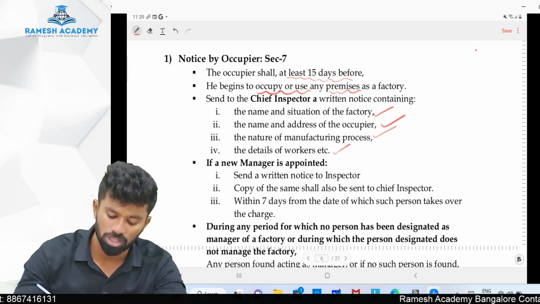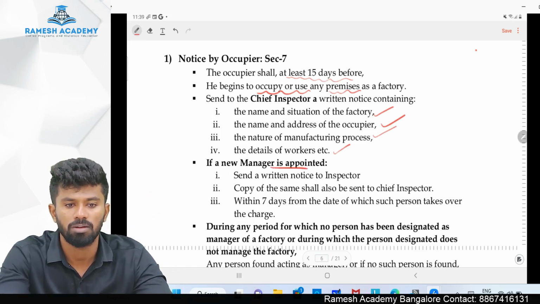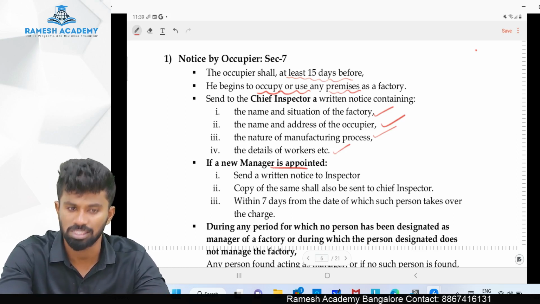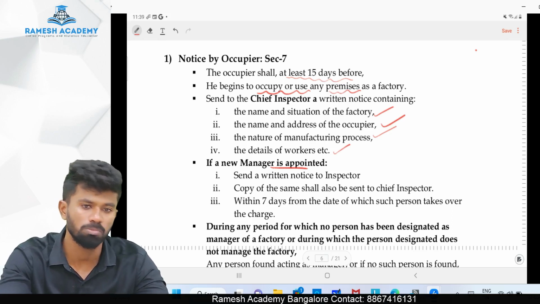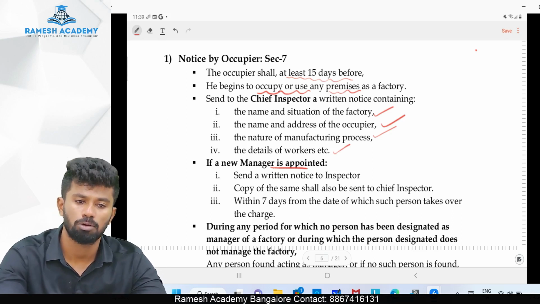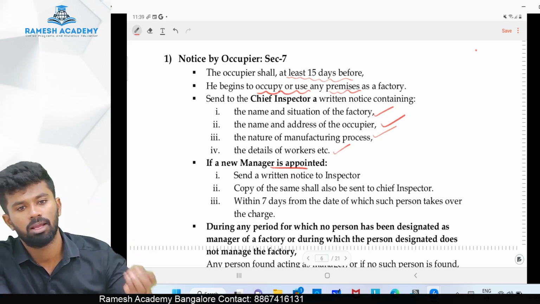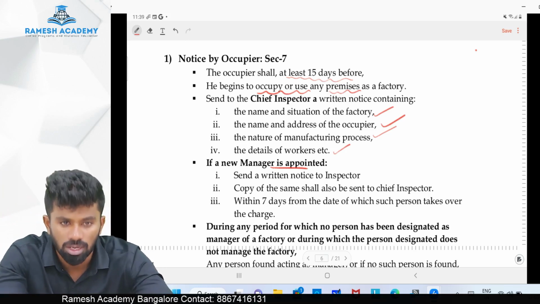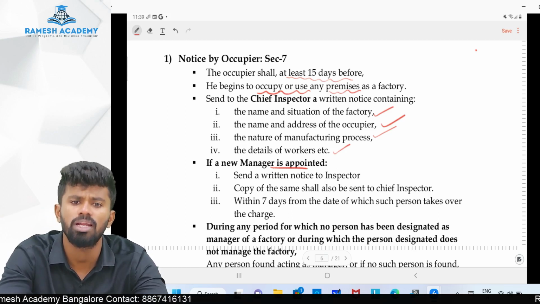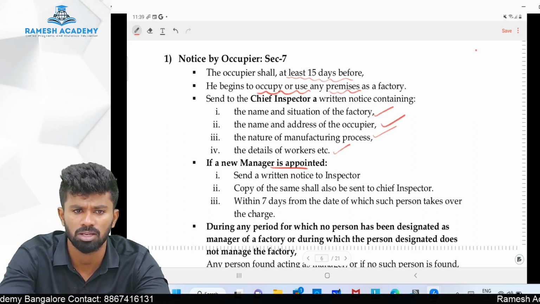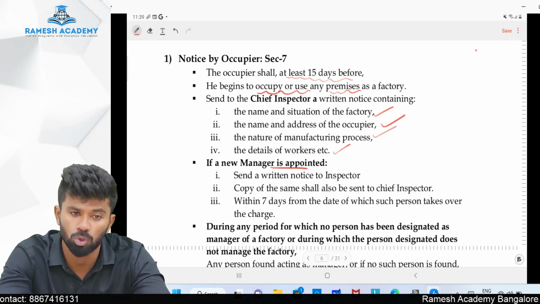If a new manager is appointed at any time, the manager is changed, then a copy of the change shall be sent to the inspector, and the same should also be sent to the chief inspector, within how many days of appointment? Within 7 days. So when an occupier starts production in a factory, he has to intimate the chief inspector 15 days before he occupies it.